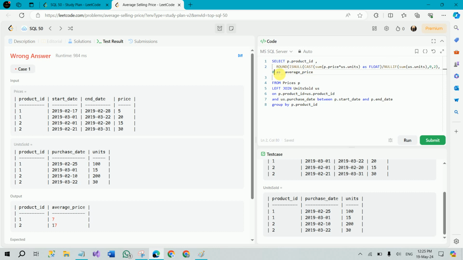Okay, I did it wrong. This is one bracket, then this is the other one, and this is for round. Now let's submit the result directly to see if we pass the test cases or not.